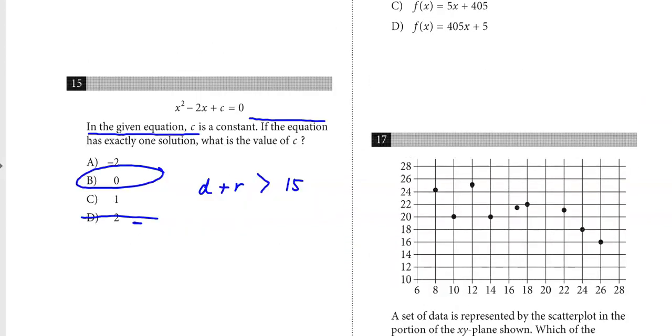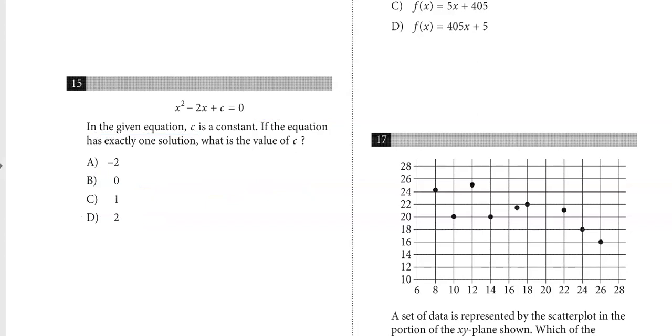What do we got going here for this one? So given the equation, so we have a quadratic. C is a number. If the equation has exactly one solution, what is the value of C? Well, the only way you can have one solution if you're a quadratic is it means you come down and you somehow only have one real zero, all right?